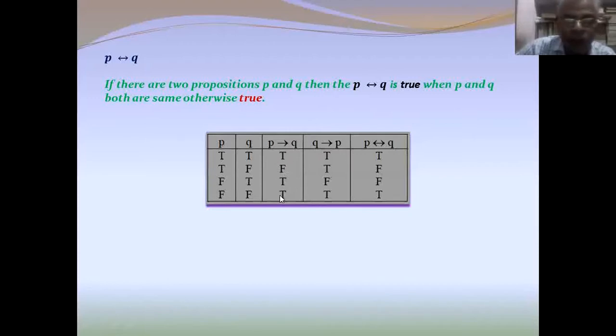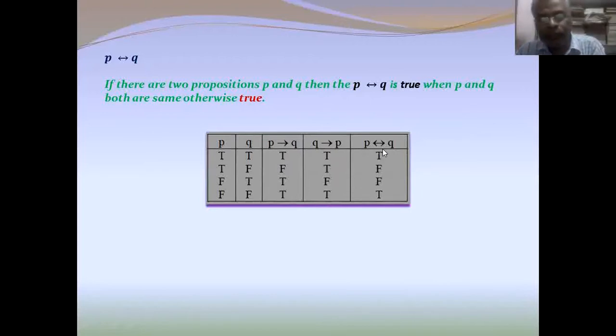In the case of Q implies P, Q becomes the hypothesis and P becomes the conclusion. So Q is true and P is false in the third row, so Q implies P will be false, and in all other cases it is true.